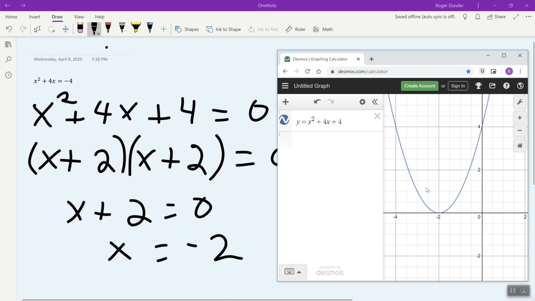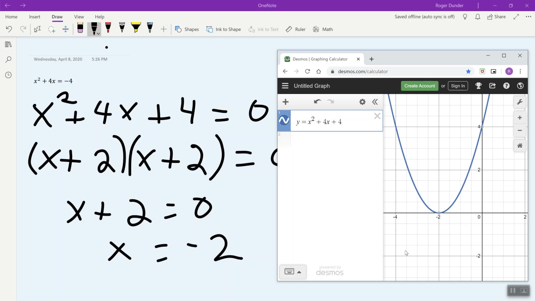Notice that the x-axis is touched by the vertex at the point -2. To be precise, -2, 0 is the point. So that is our solution.